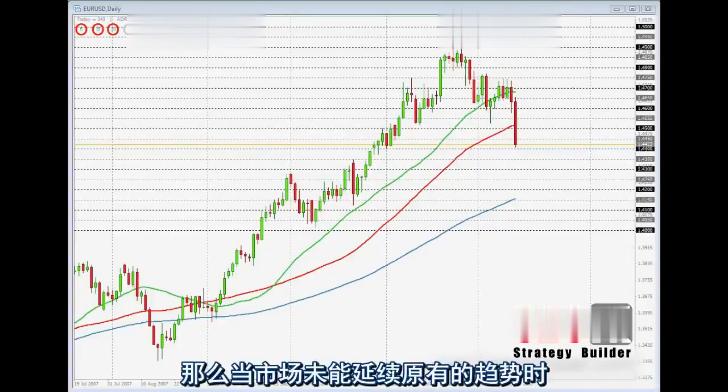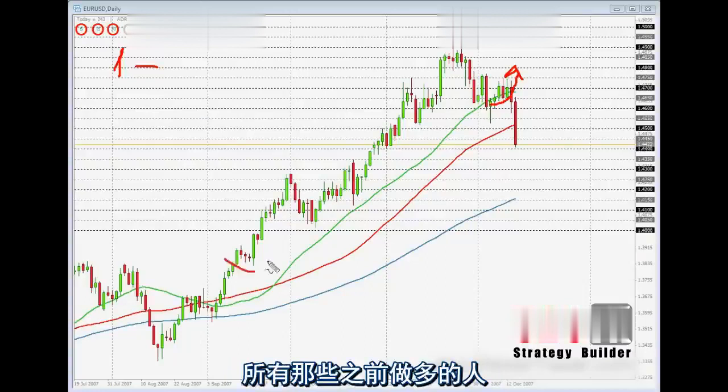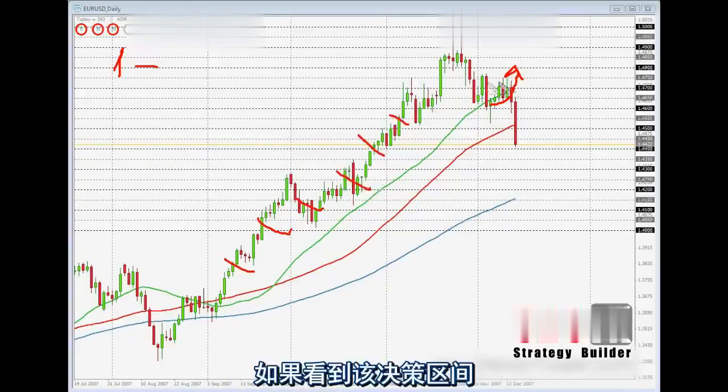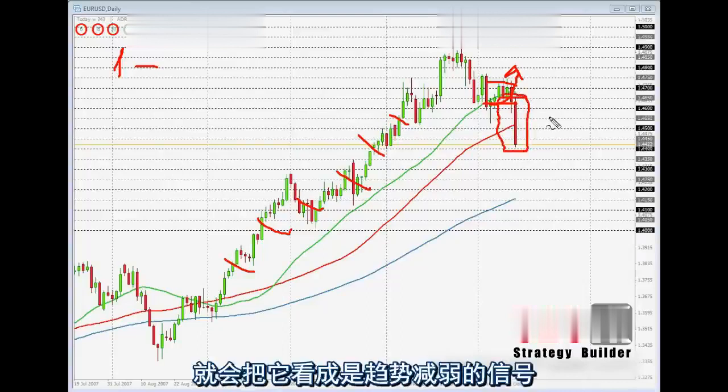When price actually fails to continue with the trend, the bulls' panic shows up. All the people who had been long in this market perceive that this is a decision-taking area, and any possible breakout to the downside will be taken as an early warning of weakness in this trend.